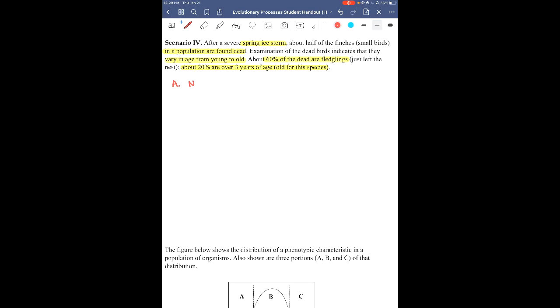But in order to look at the effect of size, you need to look at just the babies to see if the bigger baby birds are surviving more or if the smaller baby birds are surviving more. But in development, all the baby birds are going to be smaller than the adult birds. So that's why size is not considered here. Does that make more sense?